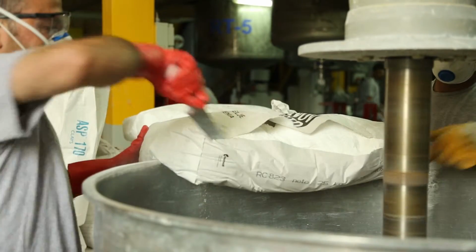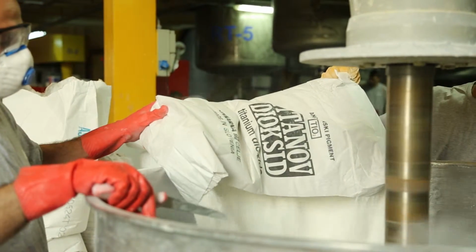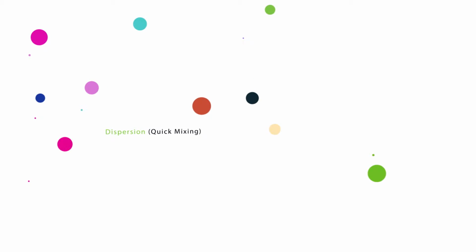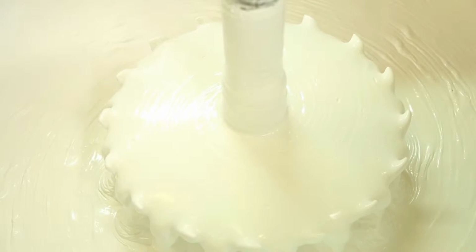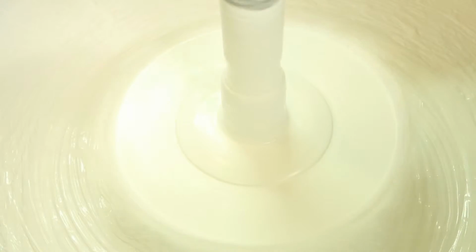Then, pigment and fillers such as titan, calcite, talc, barite, etc. are fed in. Dispersion, quick mixing. Titanium dioxide and filler materials are mixed in water at high speed, and this stage is named the dispersion stage. This takes nearly 15 to 20 minutes.